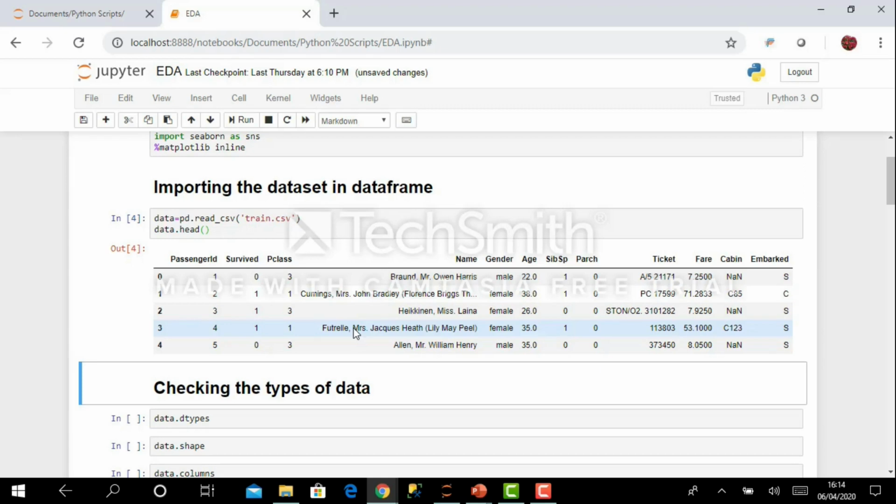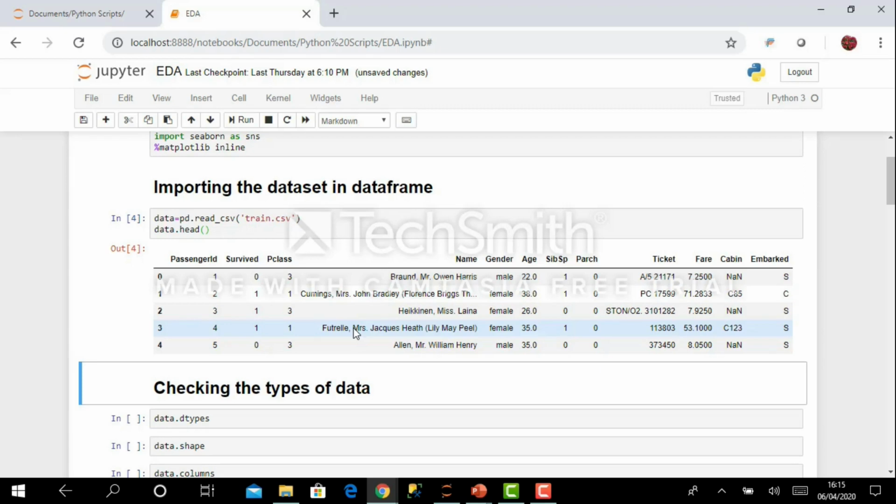I will come to details on that in the next tutorials anyway, but survived is the dependent variable, and the rest of them, or some of them, are the independent variables. So survived is dependent on some of these given features.